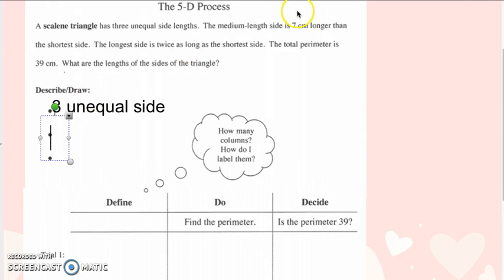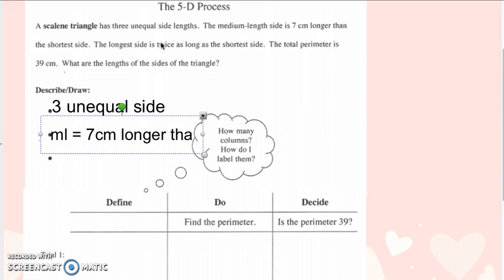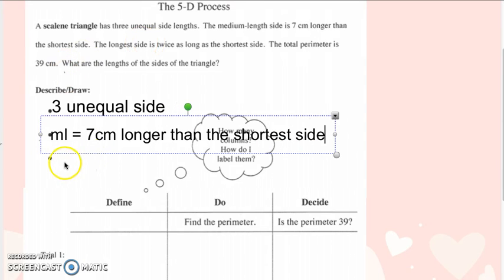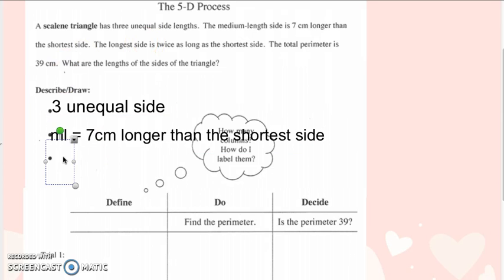Another thing that we know is that the medium length side, I'm going to write ML for medium length side, is 7 centimeters longer than the shortest side. And we know that the longest side is twice as long as the shortest side. So I'm going to do longest side equals twice the shortest side. So that'd be 2 times the shortest side.